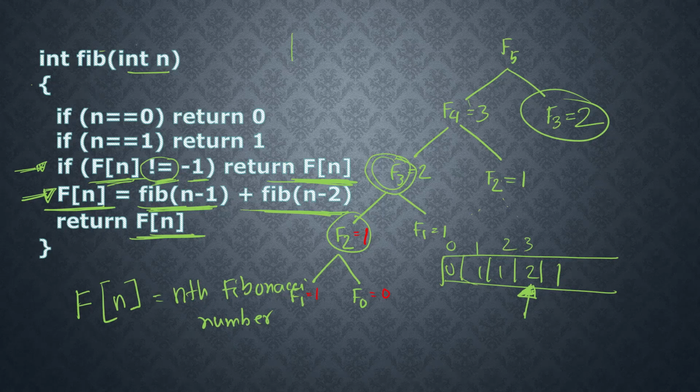And now to give you a little idea of how much this being stored helps, we will look at something. Let's say you want to calculate Fibonacci of 100, that is the 100th element of this series.